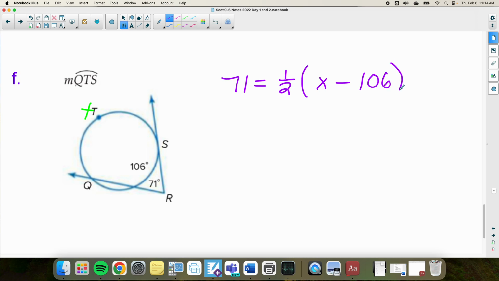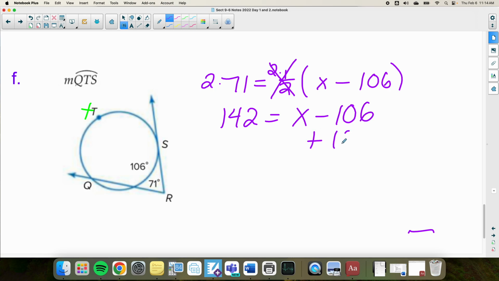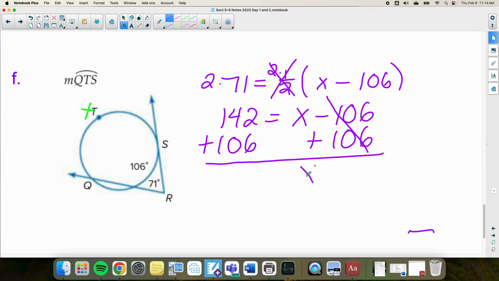Okay? Now the way I show this is if you have that 1/2 in front of parentheses, I multiply by 2. 2 times 71 is 142. This is gone, and then I have x minus 106, and then I can add 106. This would cancel, and x would be 248.